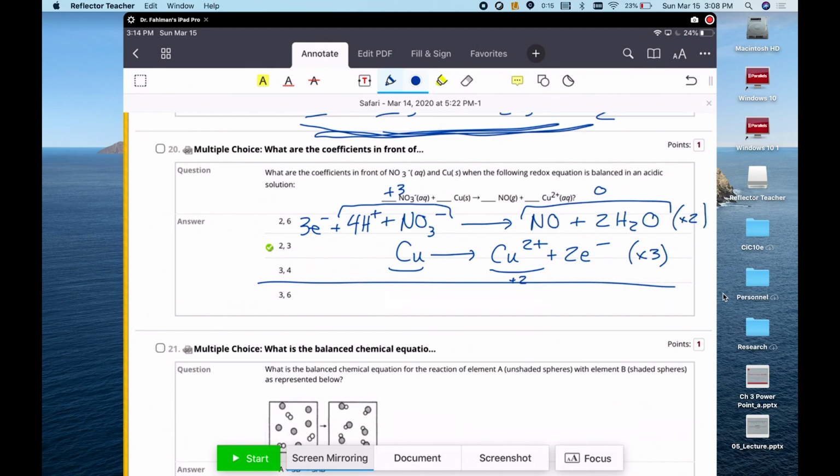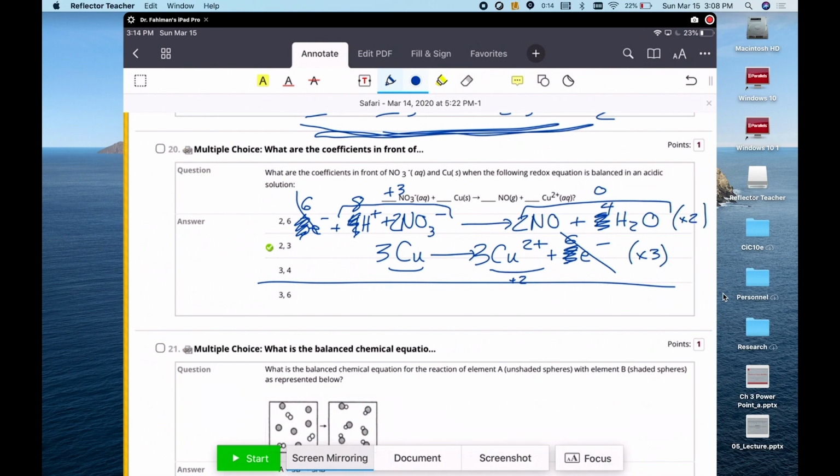I'll just cross it out this time. So we're going to have 6, 8, 2, 2, 4. And then this one is going to be a 3, 3, and 6. The electrons are gone.